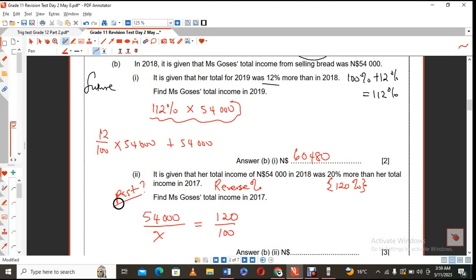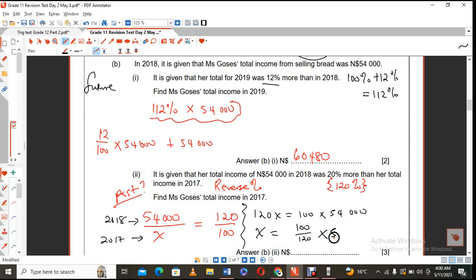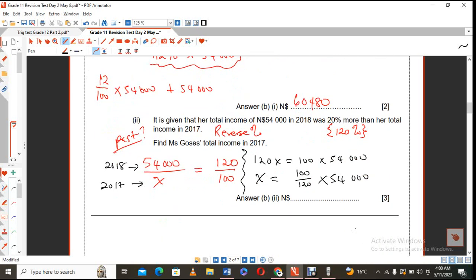Okay, the 54,000, remember, is for 2018. The x is 2017. When you do cross multiplication, you get 120x equals 100 times 54,000. And this is where the reverse percentage comes in. Can you see the 100 is on top? Multiplying that by 54,000. Eventually, it is now given that what she made is 45,000 in 2017.